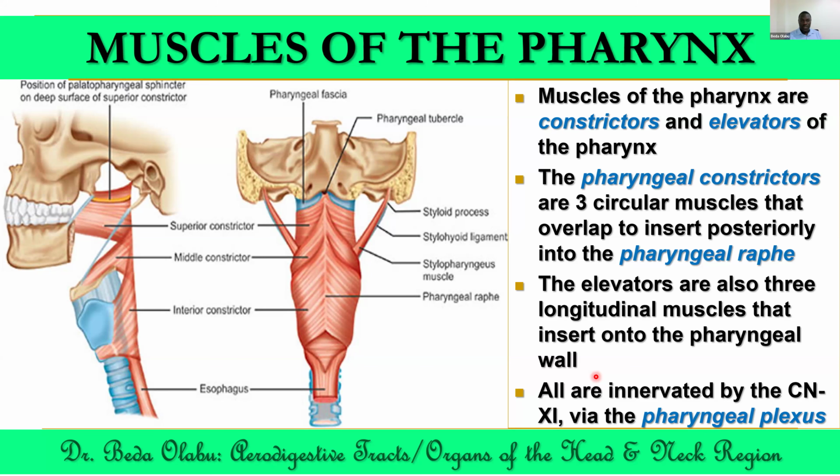So those other muscles, the superior, middle, and upper part of inferior constrictor, the longitudinal muscles other than the stylopharyngeus, these muscles are innervated by the cranial nerve number 11 through the pharyngeal plexus. And then stylopharyngeus is innervated by glossopharyngeal, and the cricopharyngeus part of the inferior constrictor innervated by the recurrent laryngeal nerve.